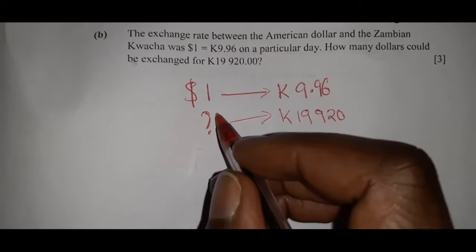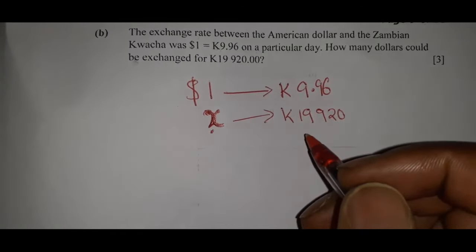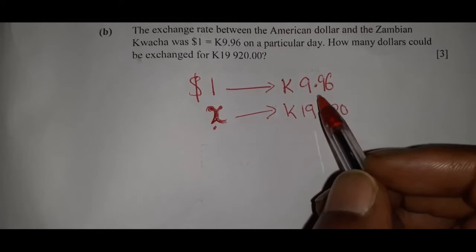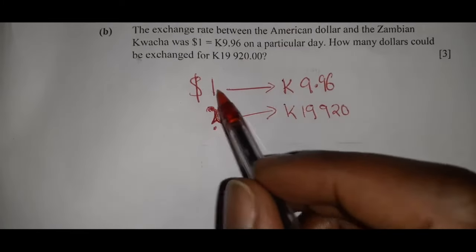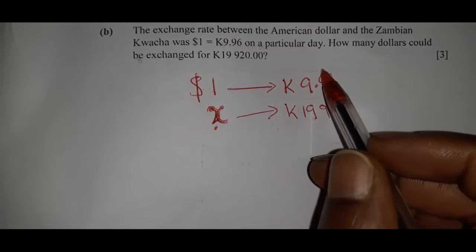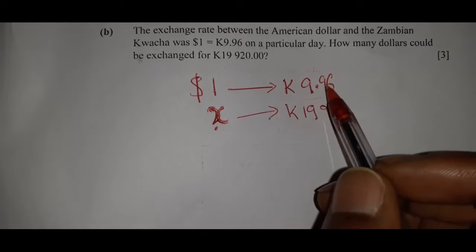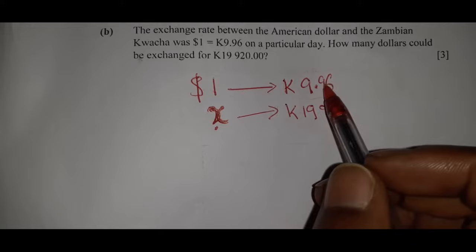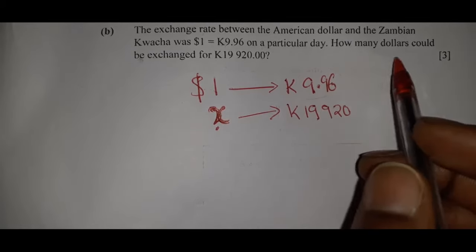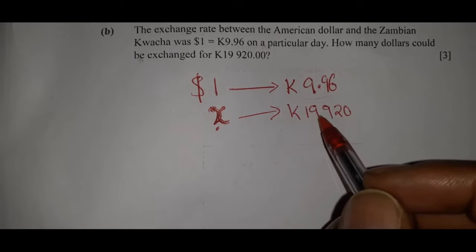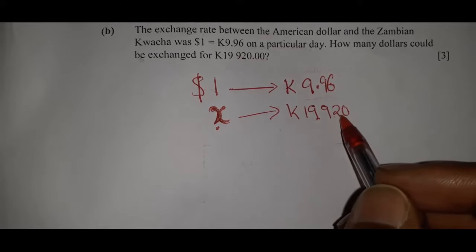So it's like we say this is our X. You know that if $1 is equals to 9.96, then how many dollars are you going to have if you have 19,920 kwacha?